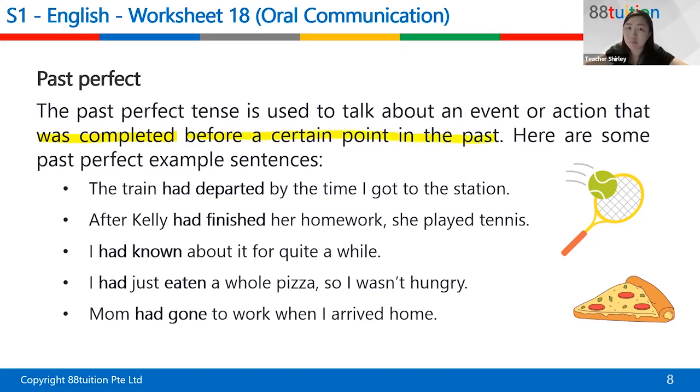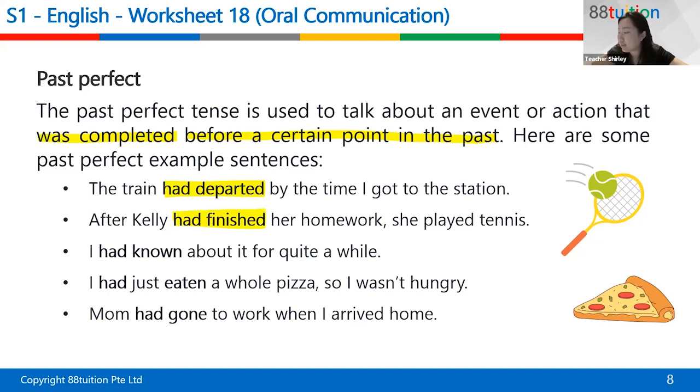So here are some examples of past perfect. The train had departed. So we were narrating, and in this case, the train had departed. It has been completed. It has left before a certain point of the story that we are narrating. So that's past perfect. By the time I got to the station, Kelly had finished, so she had already finished her homework.